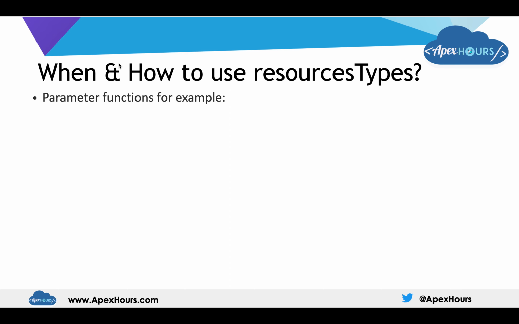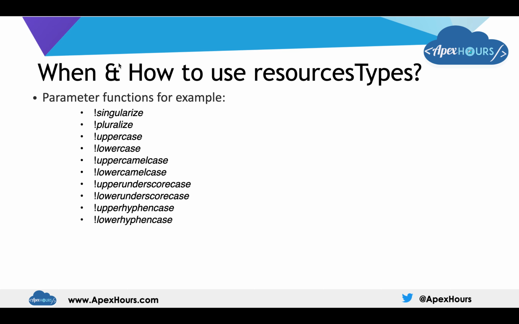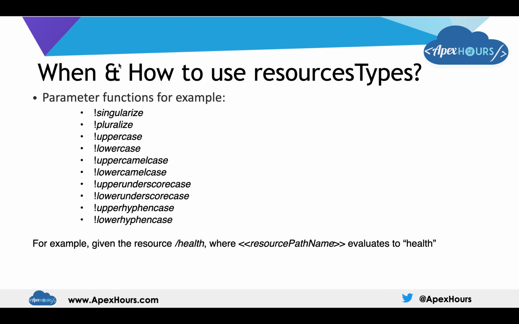And there are some parameter functions, for example singularize, pluralize, uppercase. All these functions are user defined. So for example, given the resource name as /health, the resource path name evaluates to health.